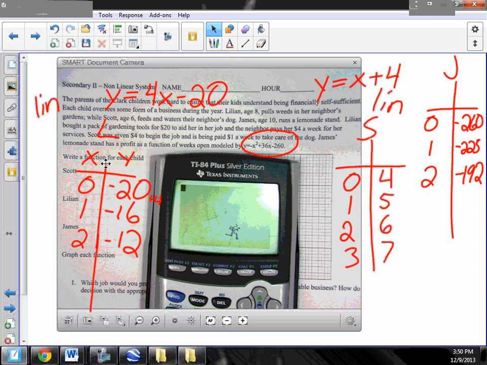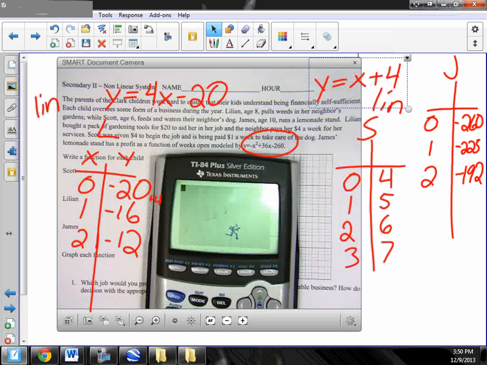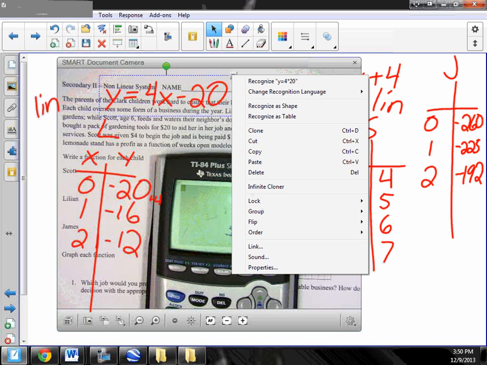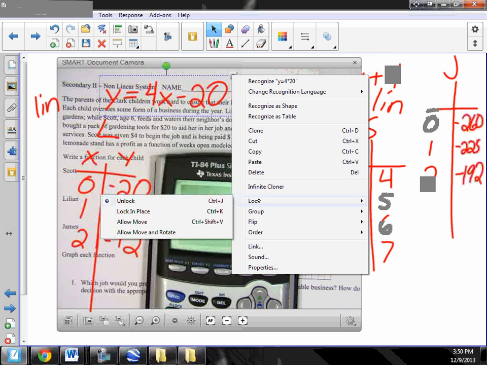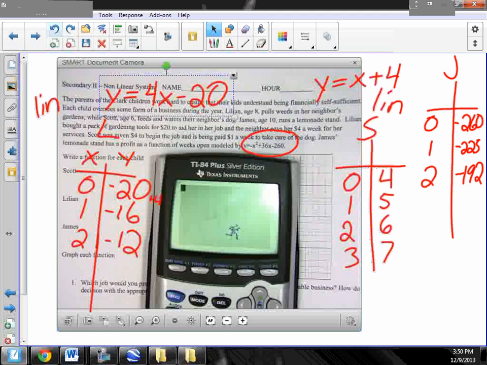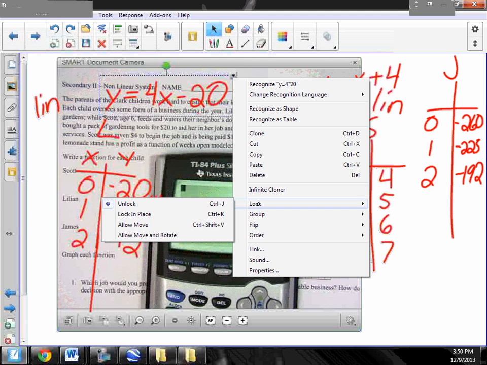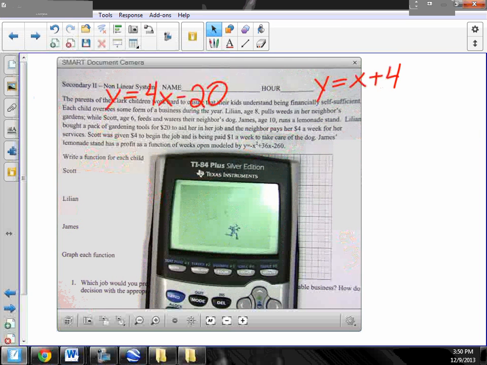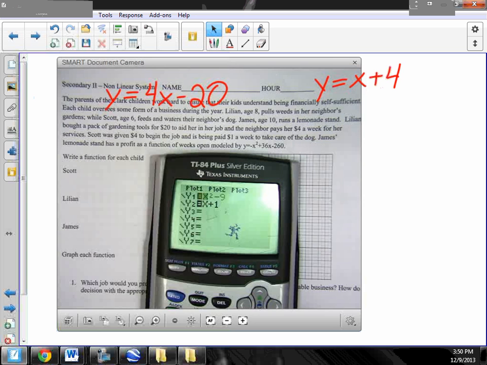So I'm going to go in, let me block these. Lillian's I'll put in y1, 4x minus 20.